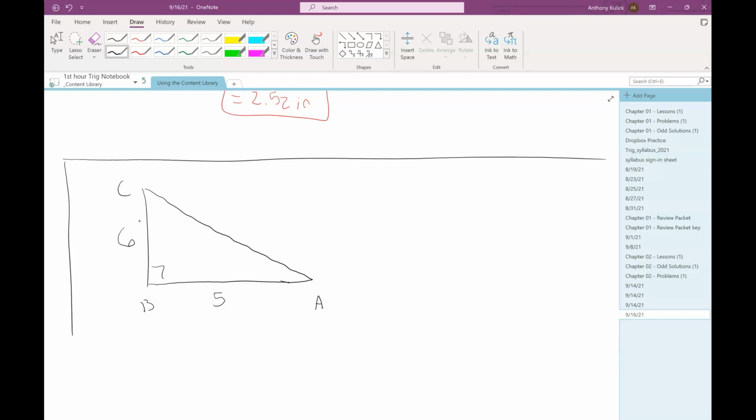So let's say we have this right triangle here, and we're asked to solve this triangle. That would mean we'd want to find the side AC, find the value for angle A, and find the value for angle C. So far, so good.